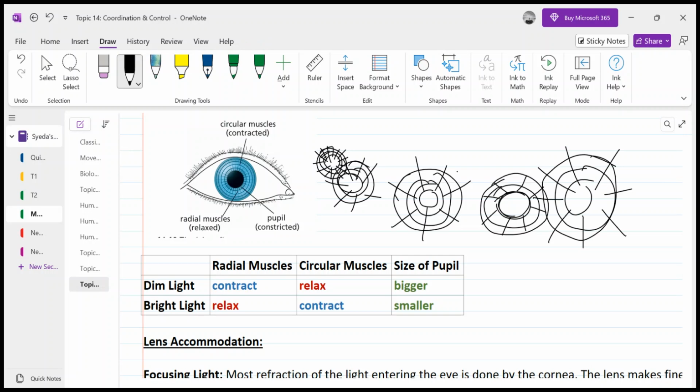Okay, their position is different actually. Any more questions? Okay, let's move towards eye accommodation.